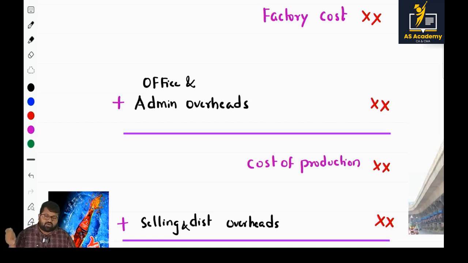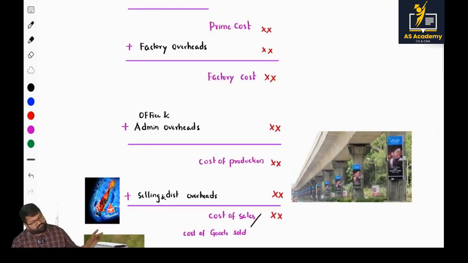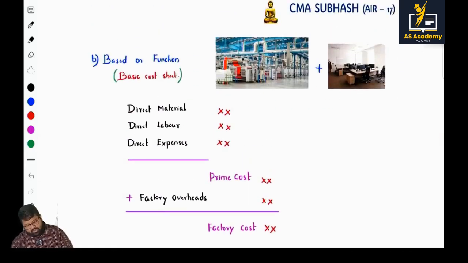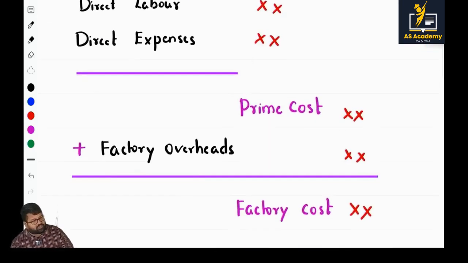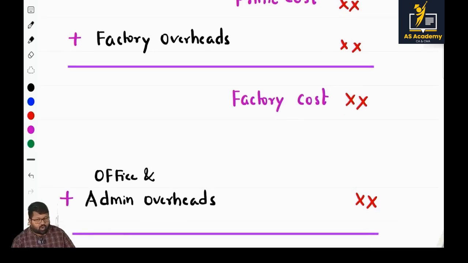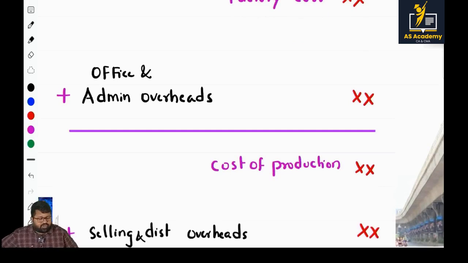Before solving cost sheet problems, we have to get the basic meanings, what is meant by basic cost and all. Is it clear with this cost sheet? Based on the cost sheet, what is the first cost? Prime cost, then factory cost. How to get factory cost? Prime cost plus factory overheads. How to get cost of production? Factory cost plus office and administration overheads.